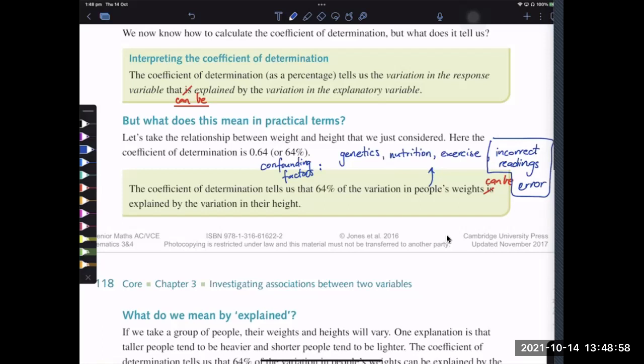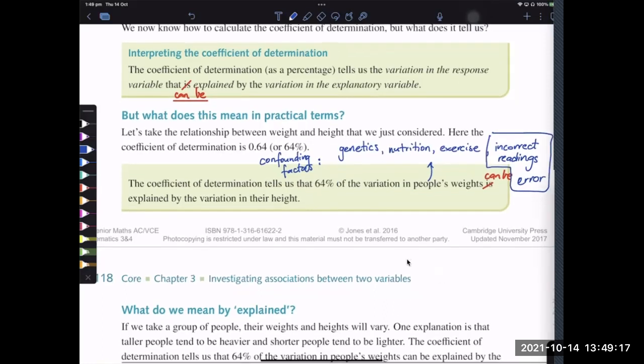Because some people can fake it. You know how when you do a survey, you might just click average for everything or high for everything without even reading it. So that will definitely affect the data. Okay, so we're never 100% sure. All right, so definitely something to keep in mind.